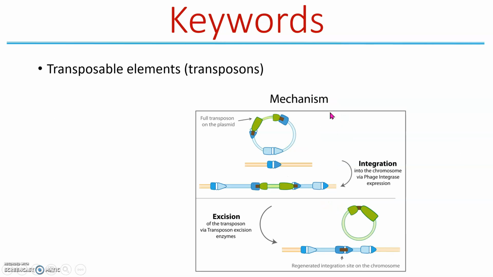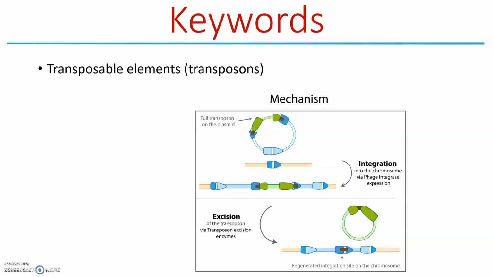Now we have this idea of transposable elements or transposons. These are the so-called jumping genes. What that means is they can insert and excise themselves out of the chromosome. There are certain places that they can integrate, and then when they want, they can excise out and go integrate somewhere else.